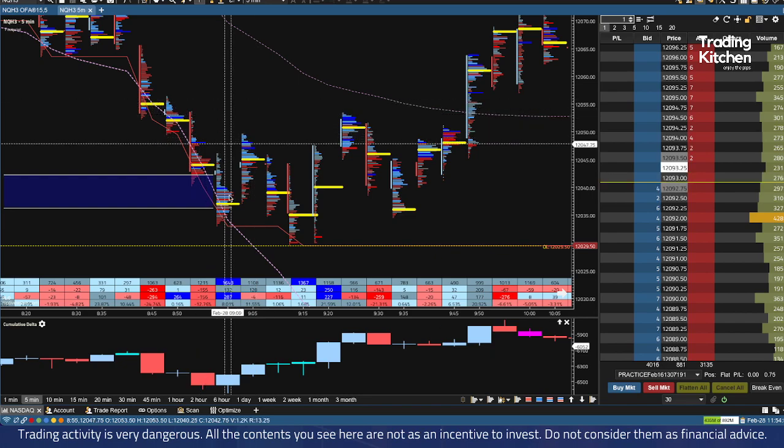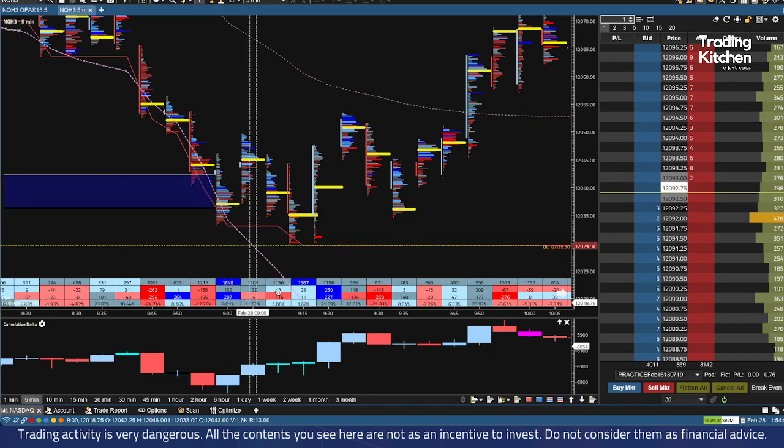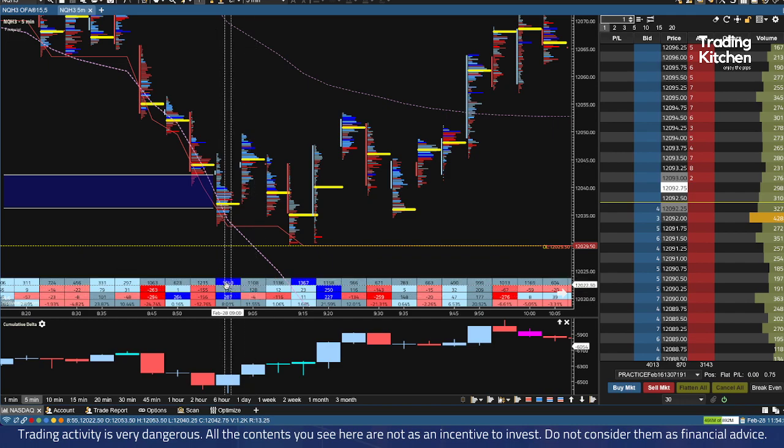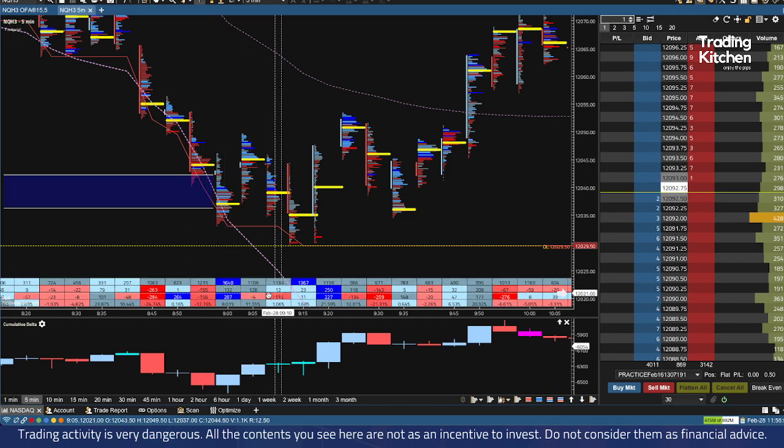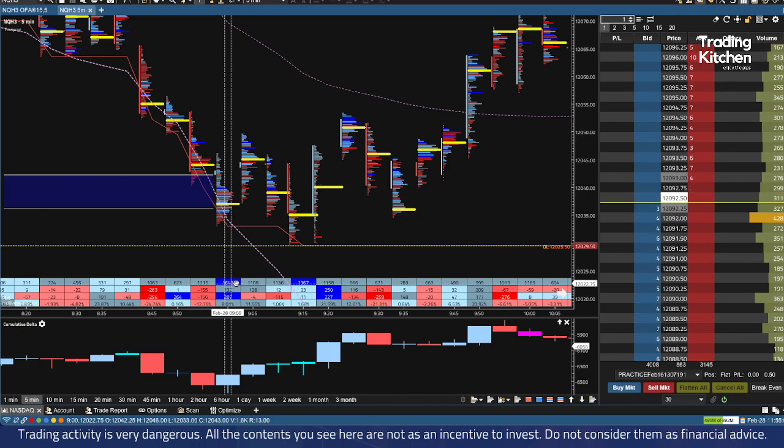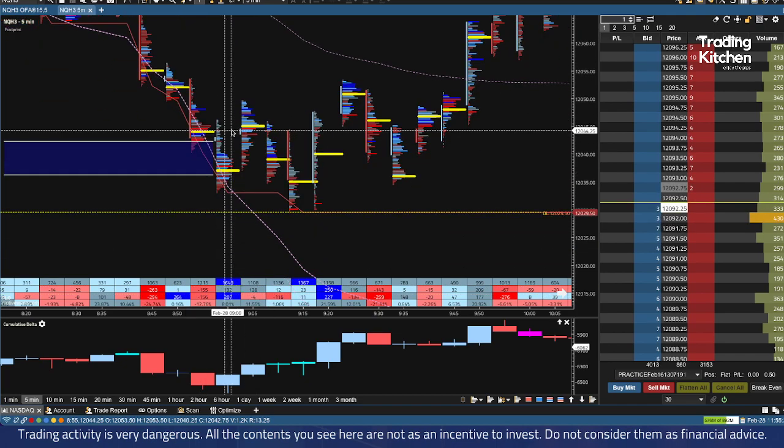Oh, sorry. One thing that I forgot to tell you is these values, these numbers. These numbers are very important to me because they show the real volume inside every candle, and the results in terms of delta participation.